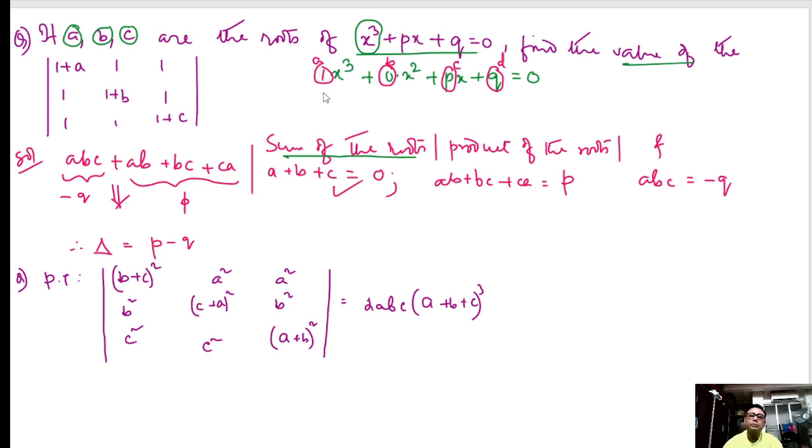If I take them two by two, that is, this is my product of the alternate roots. The formula for the product of the roots taken two at a time is c by a, and my c is p and a is 1, so that's why it is p. Clear?